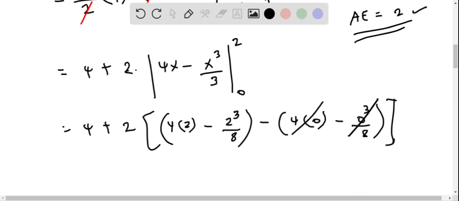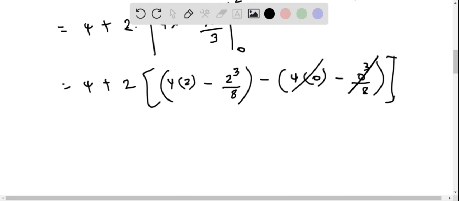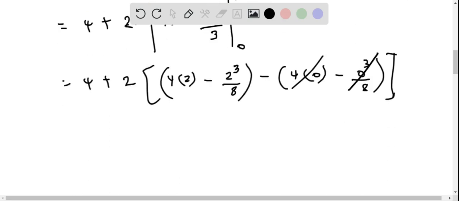This quantity is 0, these two are 0, so we can just ignore them. Now let's calculate this. So we get 4 plus 2 times, 4 times 2 is 8, and this is 2 cube by 3. 2 cube is 8, so it is 8 by 3.